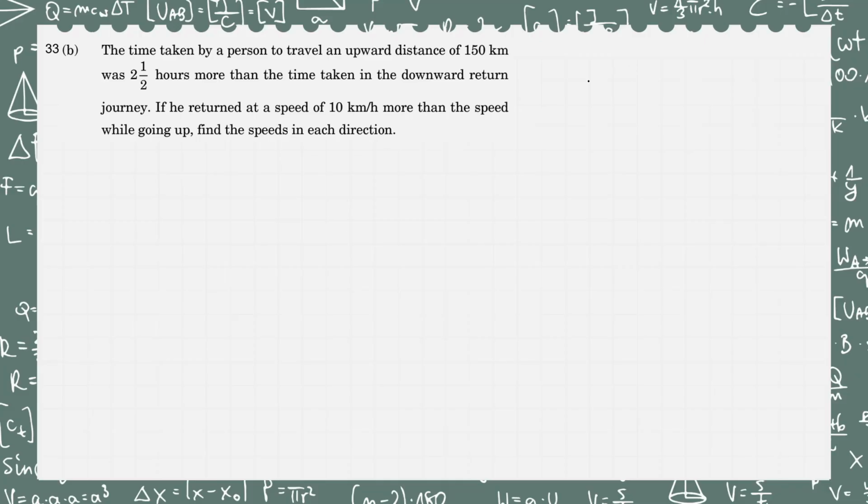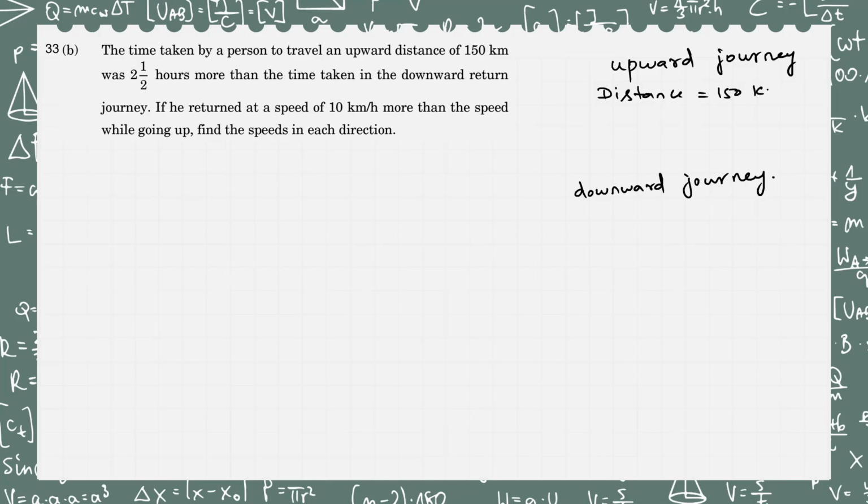I am splitting this scenario into two now. One is the upward journey, the other is the downward journey. The upward journey's distance is given, which is 150 kilometers, and the upward time taken is not directly given, but they are saying the upward time taken is 2.5 hours more than the time taken in the downward journey.